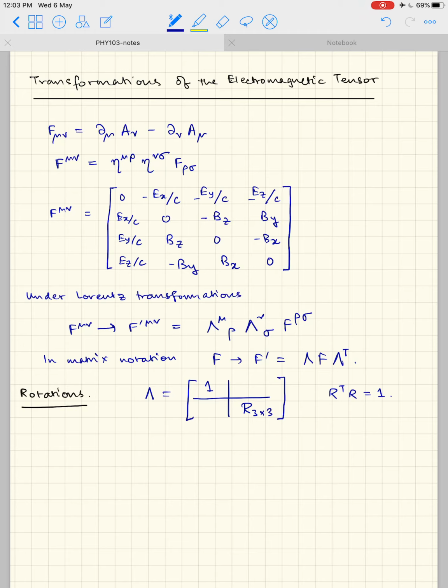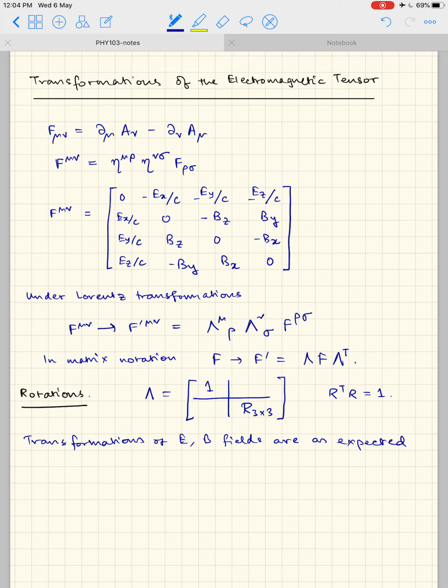And if you do this, the transformations of electric and magnetic fields are as expected.